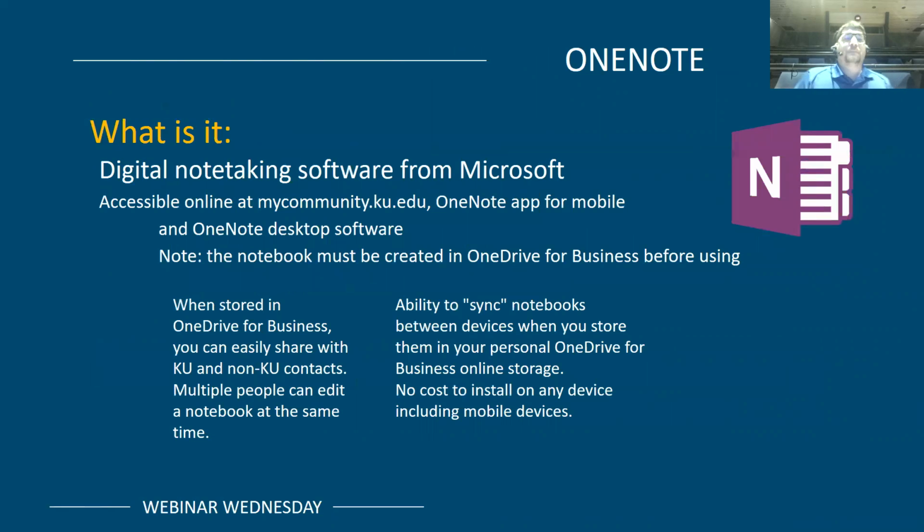So OneNote. OneNote is an incredibly powerful program that is also included with your My Community using the web apps, and it's also downloadable through the My Community site. OneNote is digital note-taking software to the extreme.